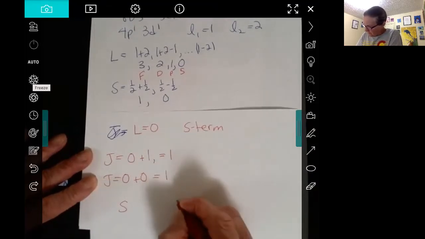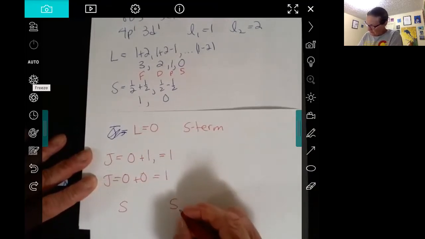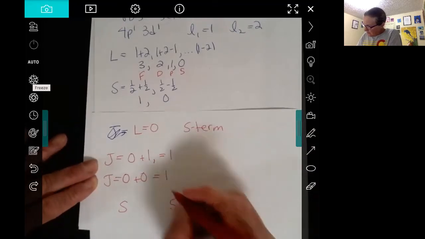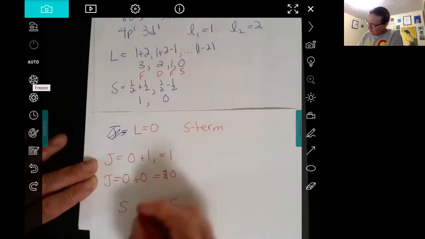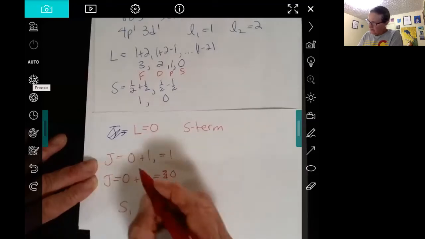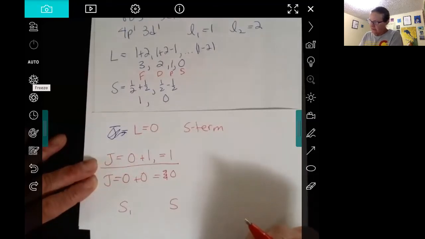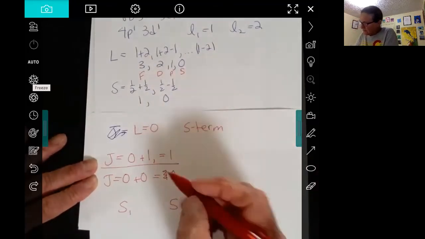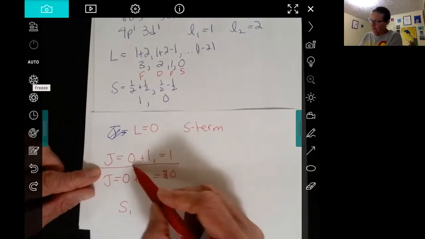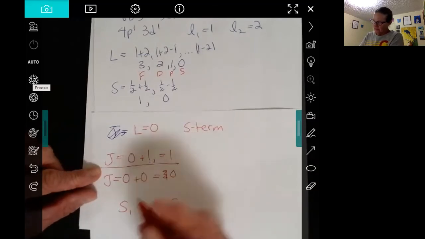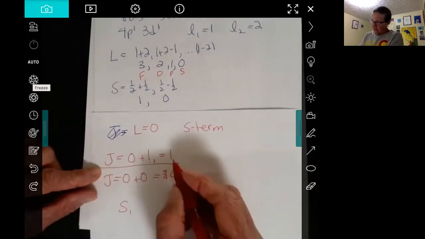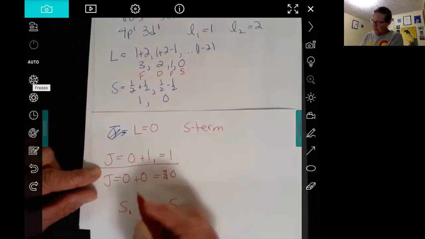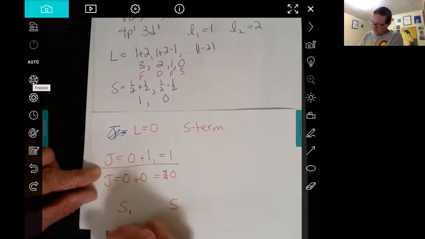They're S terms, J goes here, and this is a result of L equals 0, S equals 1, and so that means the total angular momentum is 1, and the multiplicity, which is the superscript, is 2S plus 1.